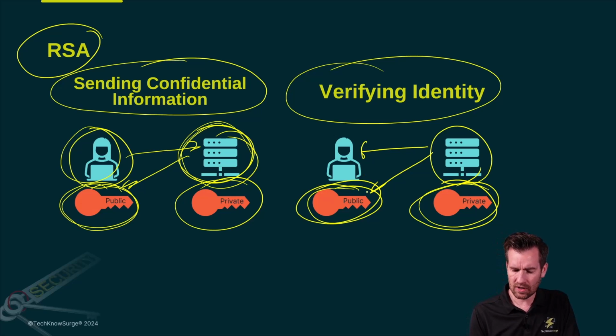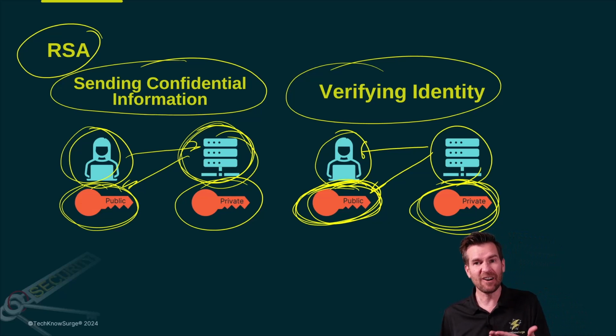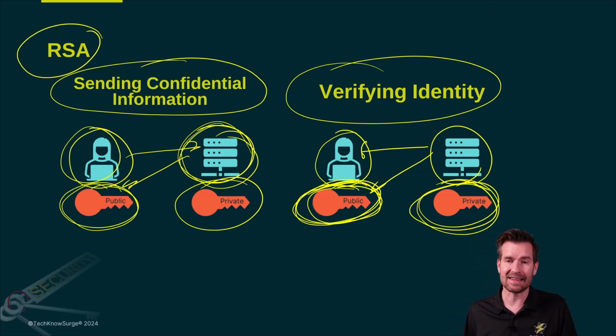If this user can unlock that data with this public key, then this user knows that the public key has been sent from this private key via that data. So this is a way of verifying some sort of identity. We call this public key cryptography.